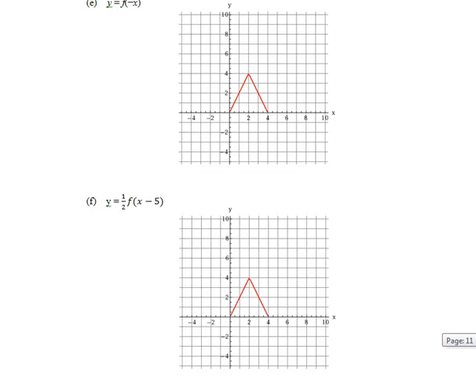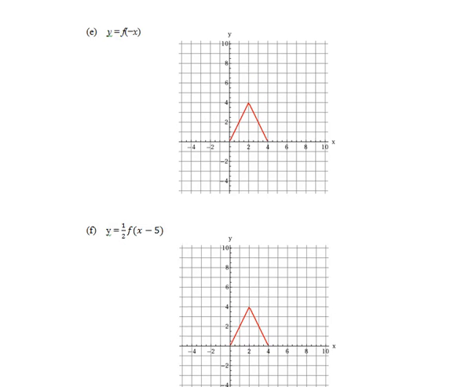We have 2 more examples. In this next one, we start with y equals f of x, and replace the x by its opposite. That's the same as saying we've multiplied all the x values by -1.